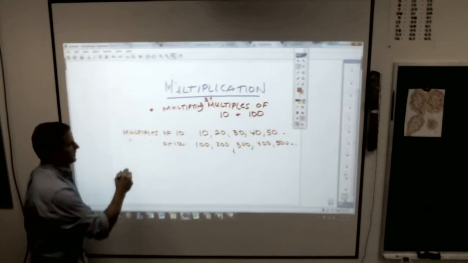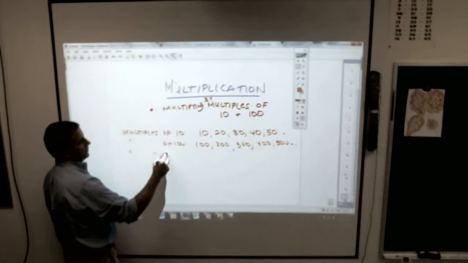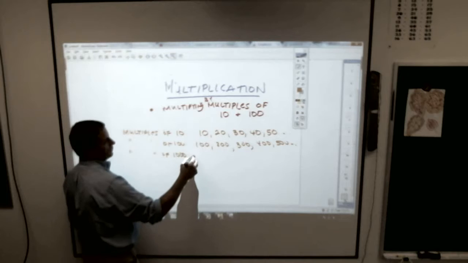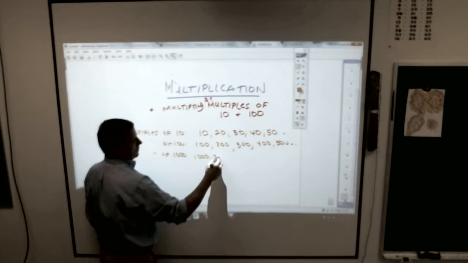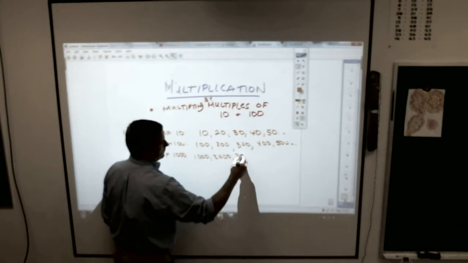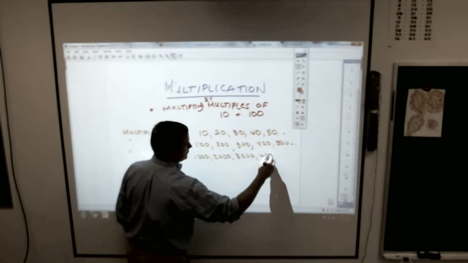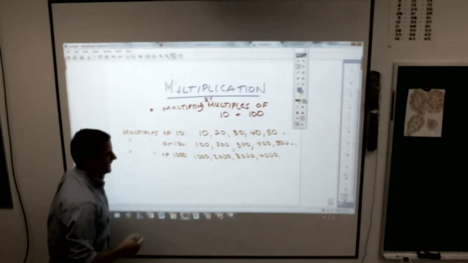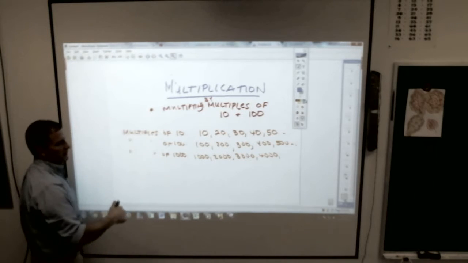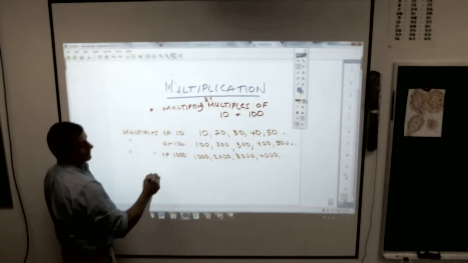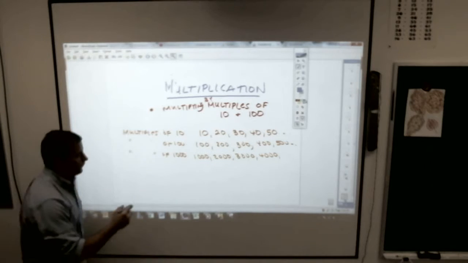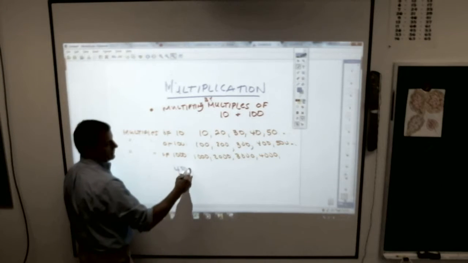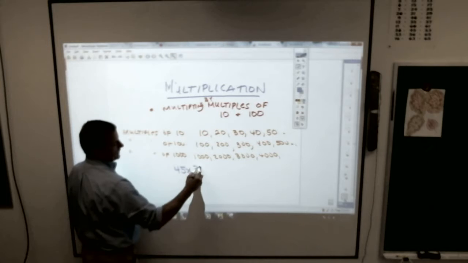You could do the same thing. I'll just throw it down here. Multiples of 1,000 would be 1,000, 2,000, 3,000, 4,000, dot, dot, dot. And what we're looking at is what happens when you multiply by any of these things. For example, if you would have 45 times 30.